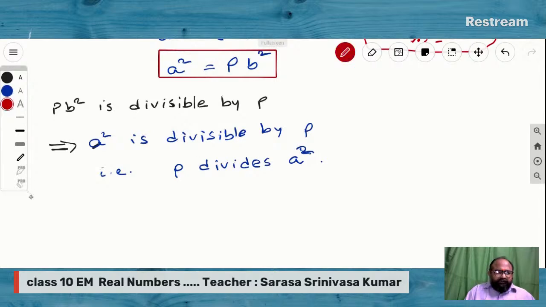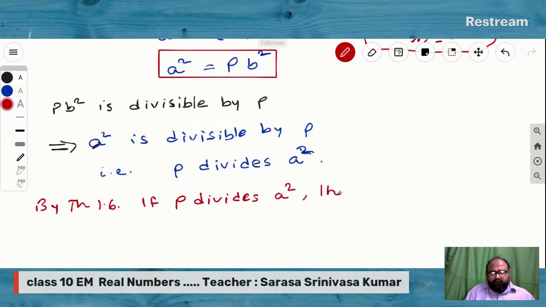By theorem 1.6, if p divides a square, then p divides a.